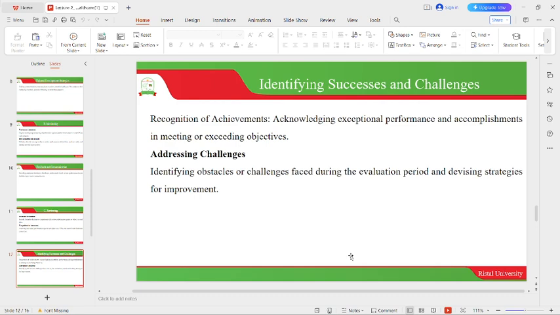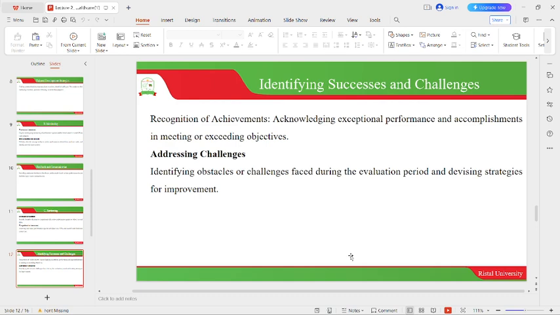So the next one now is how do we address the challenge? You need to identify obstacles or challenges faced during the evaluation period and devise strategies for improvement. The challenge we face during the performance appraisal is, one, bias. The person who is appraising you might be biased.